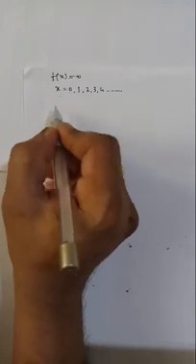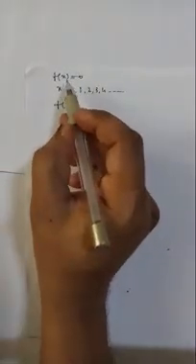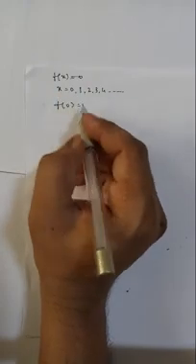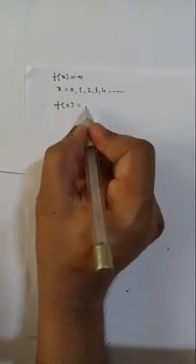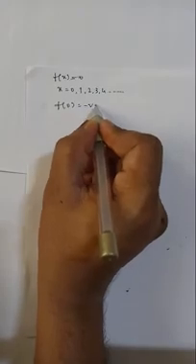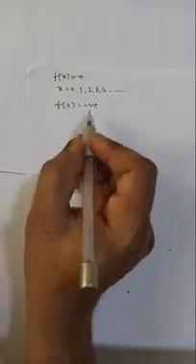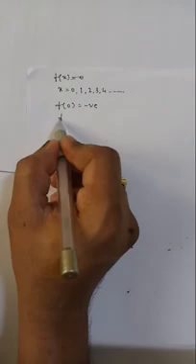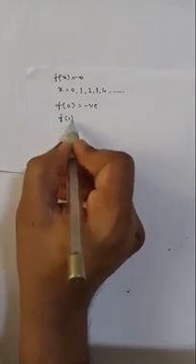Now first I put x equal to 0 in the given function. It may be transcendental or polynomial. When I put x equal to 0, suppose the value of the function we get is a negative value. Then I take the next value of x, put x equal to 1.